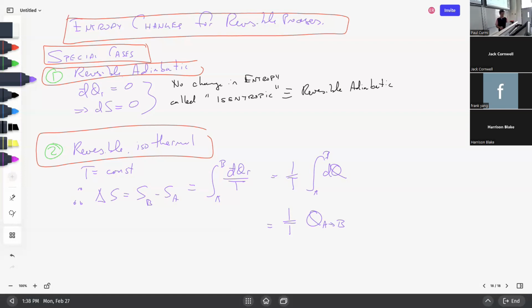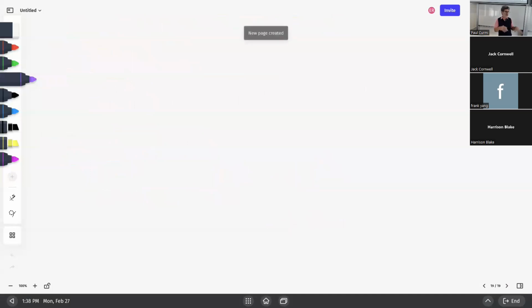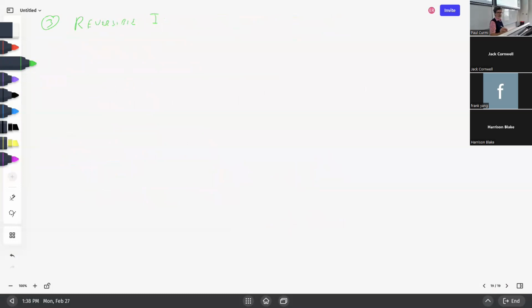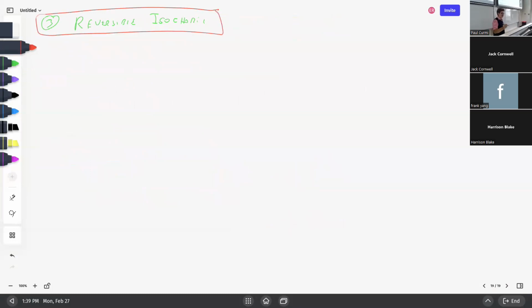Okay, so now I end up in messy cases. The messy cases are all the other ones. They're the two really easy ones. Number 3 is reversible isochoric. So I need more information. For these ones, I need to understand what the system is.